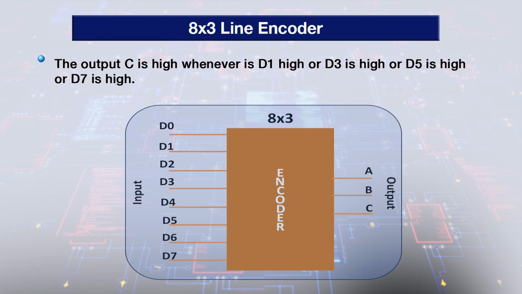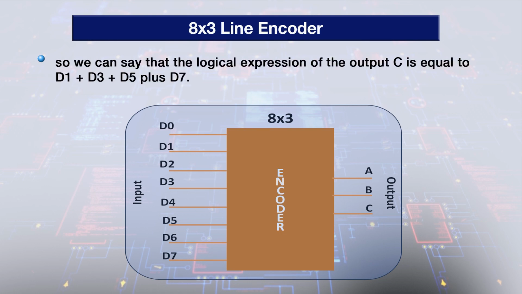Similarly, the output C is high whenever D1 is high, or D3 is high, or D5 is high, or D7 is high. So, we can again say that the logical expression of the output C is equal to D1 plus D3 plus D5 plus D7.